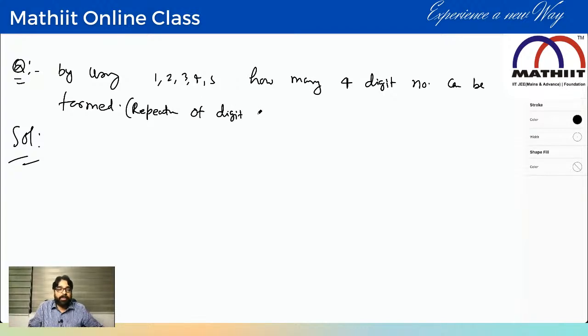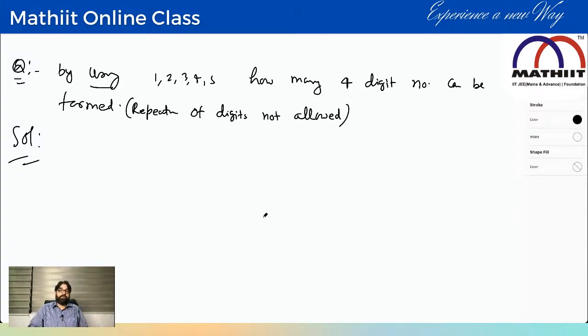Basically, it's not required to mention, but I'm at an initial stage. It means any digit cannot come more than once, because they are saying by using, which means you have only these many digits. How many 4-digit numbers can be formed? It means I have to form the 4-digit number and then count how many 4-digit numbers are possible.